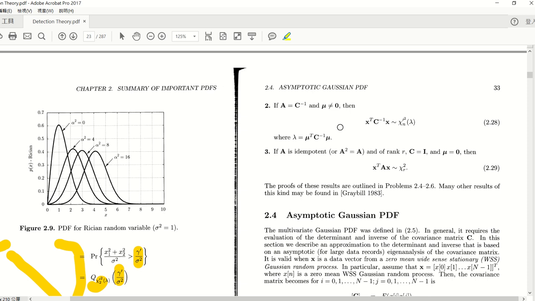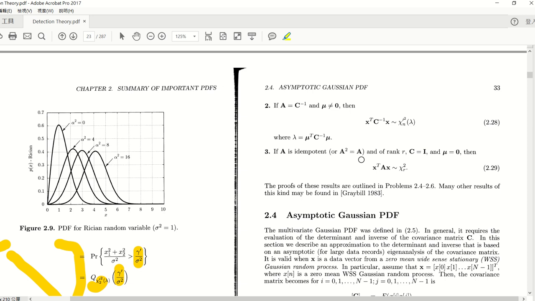And then if A is idempotent, a bit hard to pronounce, idempotent. If it's idempotent, which means that A squared equals A, of rank R. Rank R means that it has non-zero eigenvalues up to the R. So for example, you have a 10 by 10 matrix and rank 8.